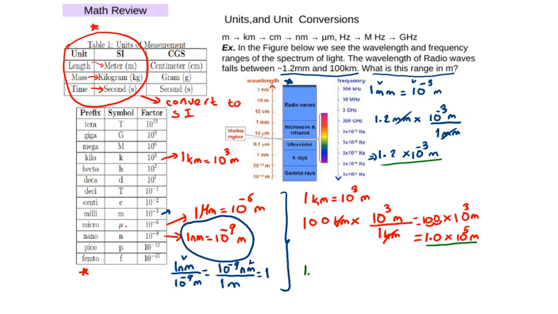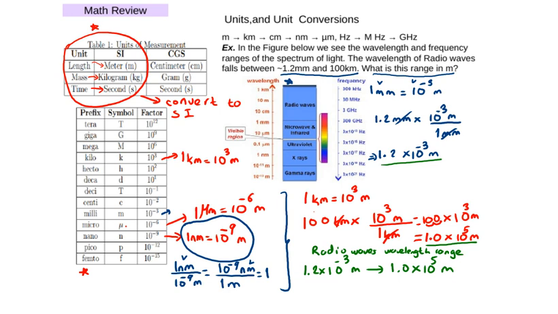Here we practiced scientific notation plus unit conversion. So what is the range in meters? This to that. So 1.2 times 10 to minus 3 meters to 1.0 times 10 to 5 meters.